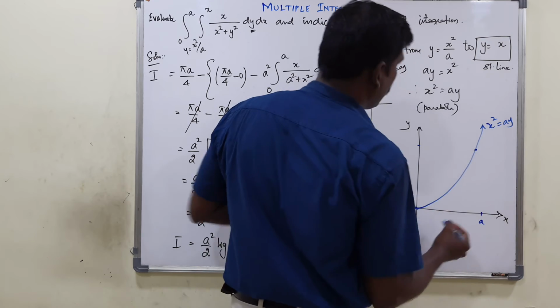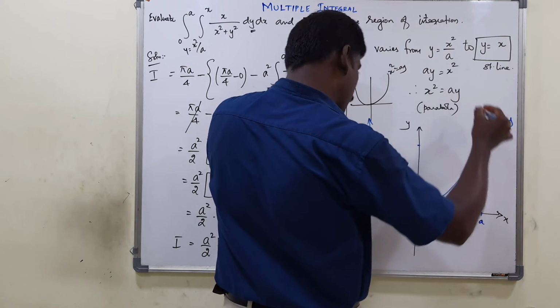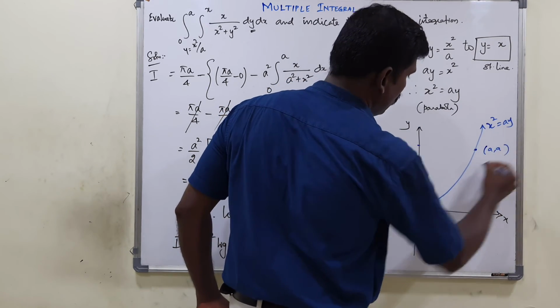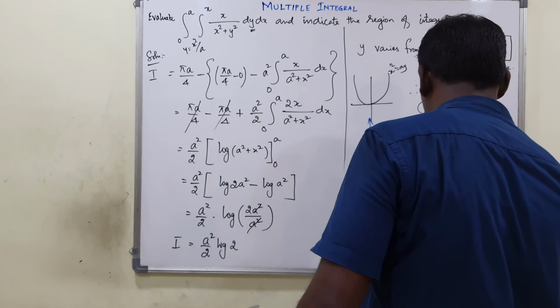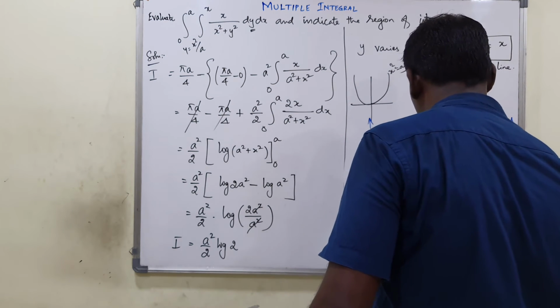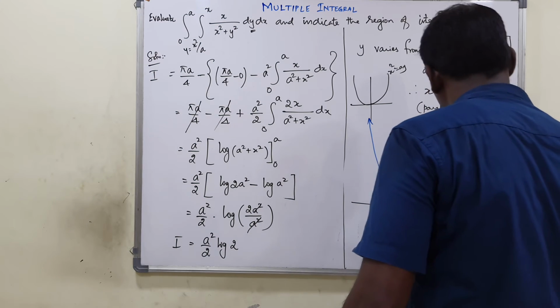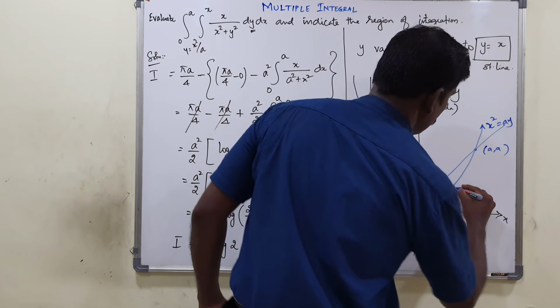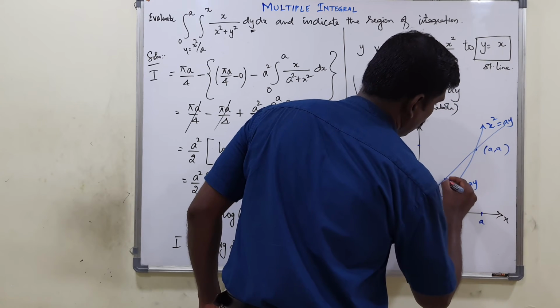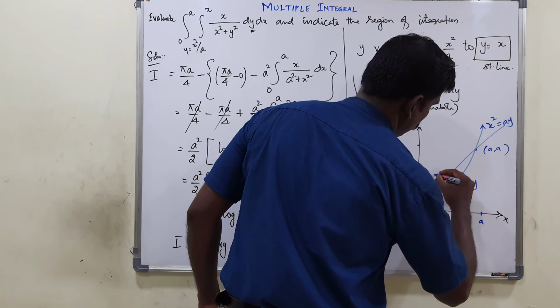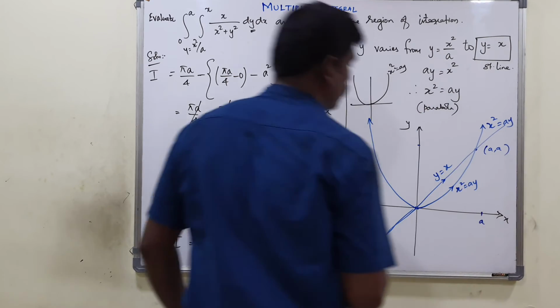So a comma a. Joining these 2 points, you can get the equation of the straight line. So this is x square is equal to ay and this is y equal to x. That's all.